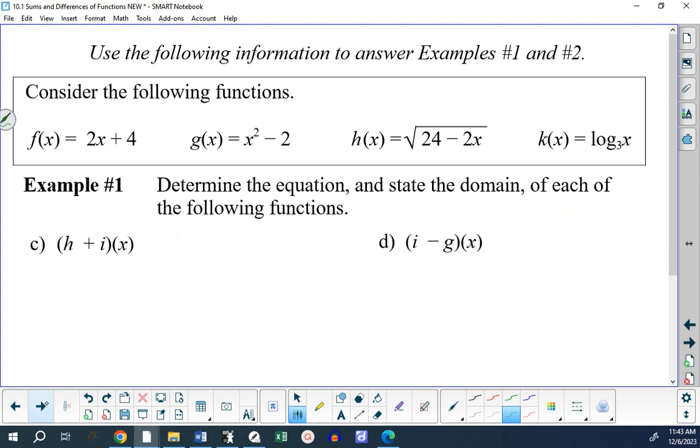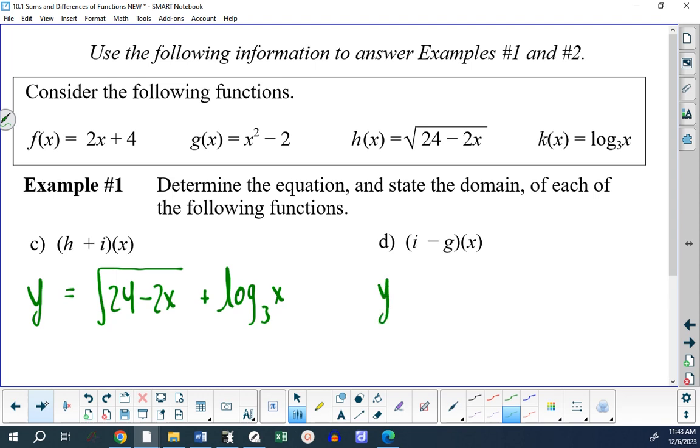C, h plus I. Well, this is almost laughable because there's nothing you can do here. Right? There's nothing to do with that. Let's do I minus g while we're at it, and then we'll do the domains. I minus g will be, do you have I minus g? Or do you have an I of x up here? Which one is I?